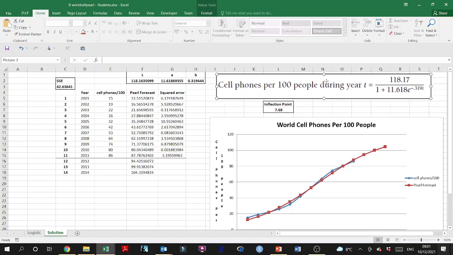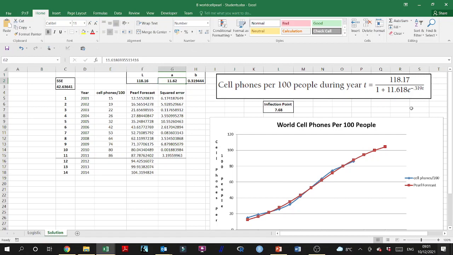So now the cell phones per 100 people during year t, which is x of t, is equal to L, 118.17. You can just keep it in 2 decimals, all right? So it should be 1.6 even. Mine is 1.6, his is 1.7, and all variations are okay.